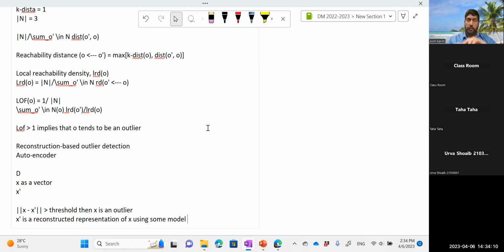And this model is developed over the entire data set. When you develop a model on the entire data set, it will learn the key features of that data set, and it will then try to regenerate those key features. So if an object deviates significantly from those key features, then it's likely to be an outlier. So that's the gist of the whole idea here.